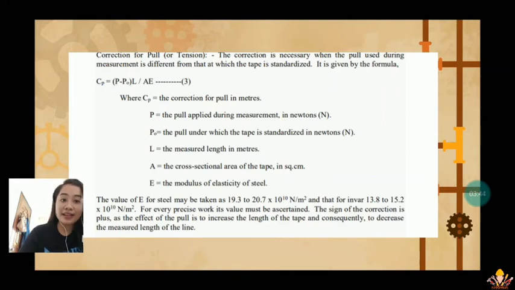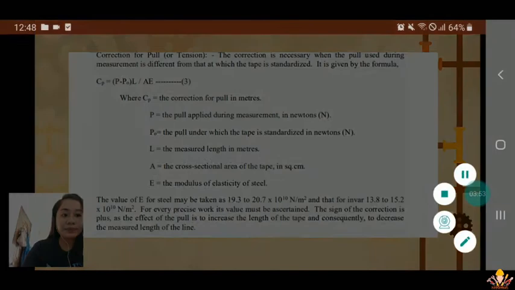L is the measured length in meters, A is the cross-sectional area of the tape in square centimeters, and E is the modulus of elasticity of the steel.